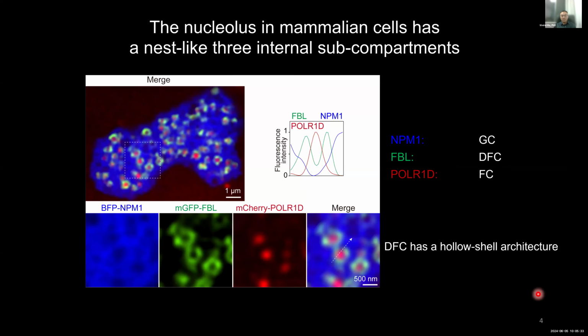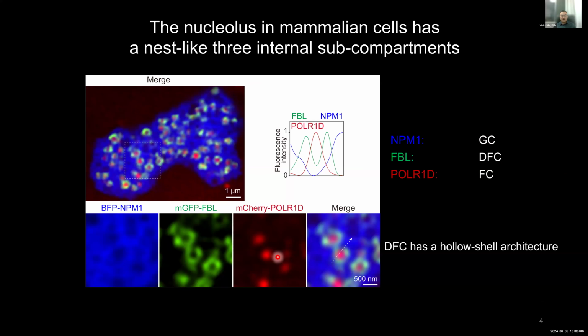Under super resolution microscope, in typical mammalian cells, the nucleolus has a nest-like 3 internal subcompartments. Here, NPM1 is a marker for GC, FBL is a marker for DFC, POLR1D, which is a subunit of RNA polymerase 1, is a marker for FC.